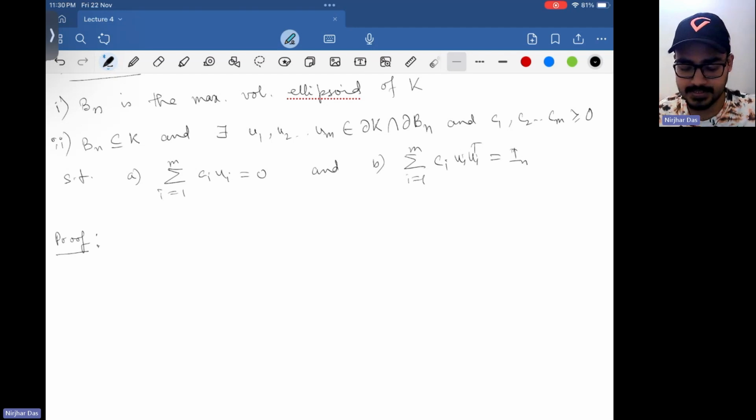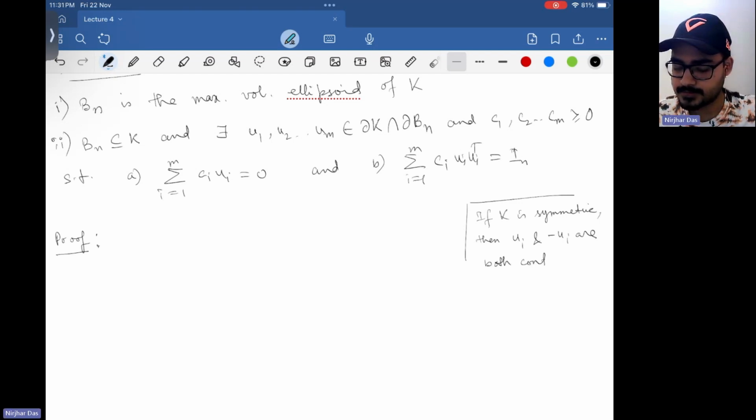So what this specifically says is, let me write it as a side note, that if K is symmetric, then ui and minus ui are both contact points, right?